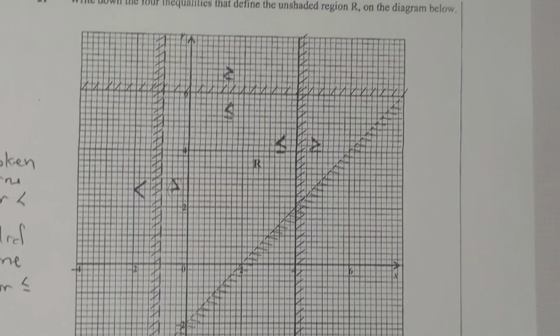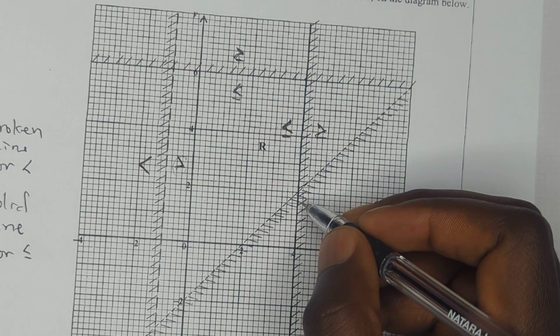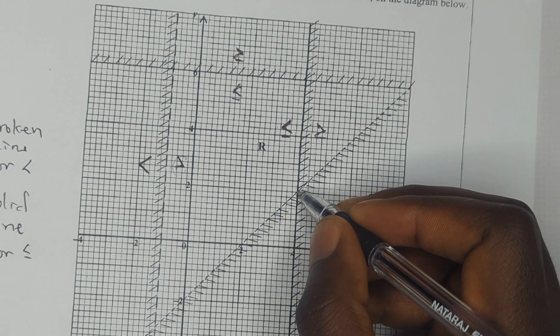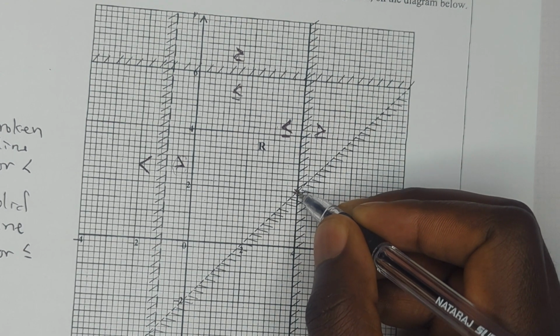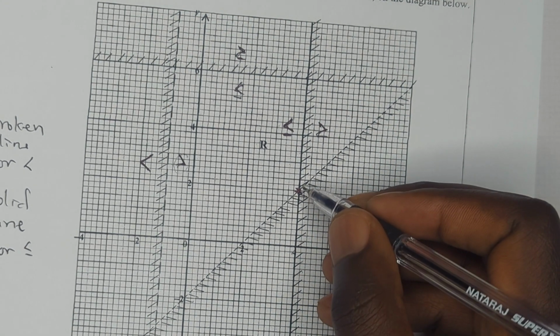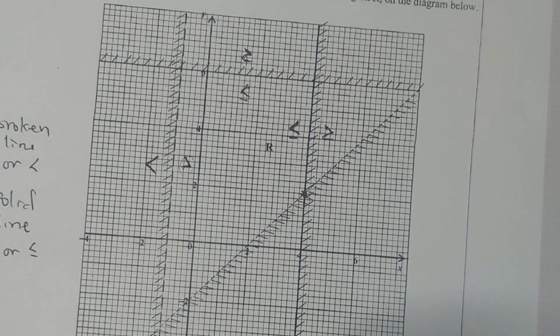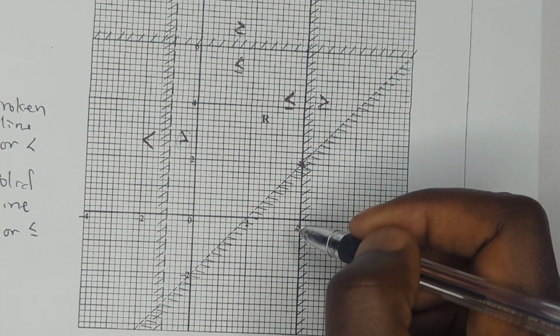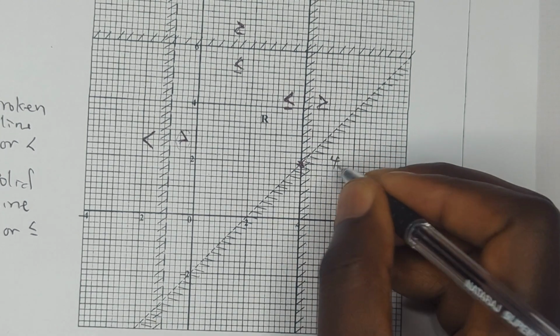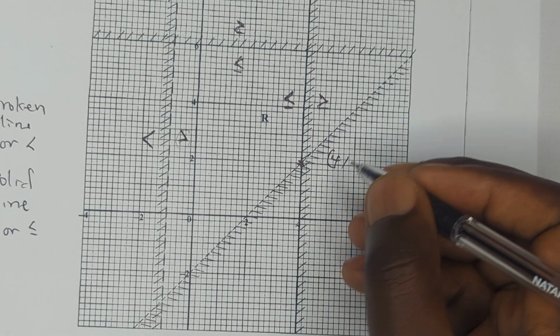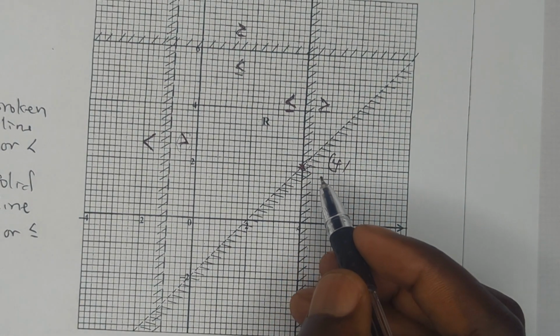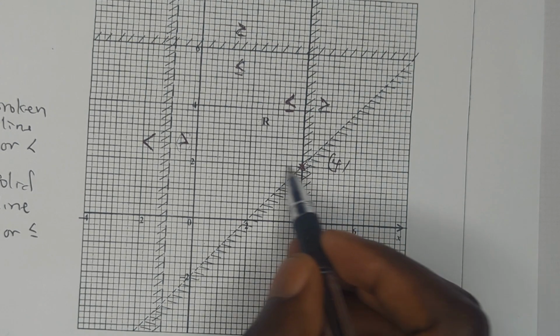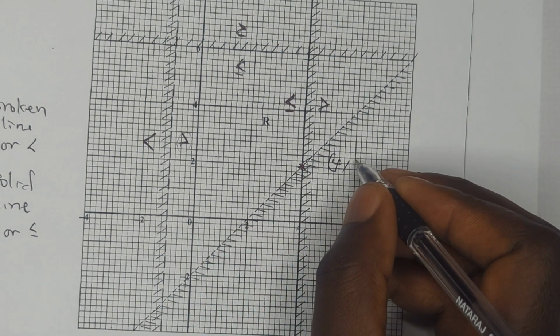Now, we can consider the coordinates at this point here. When getting the coordinates, we start with the value of x. Here the value of x, this line here, is 4. So this will be 4 comma, and the value of y, which is this line here, is 2.